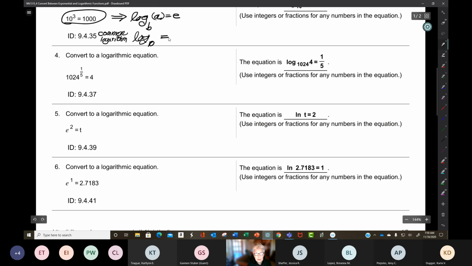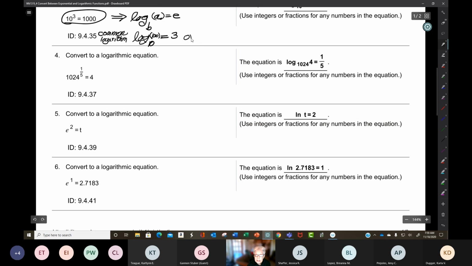And then here's the way I do it really. I remember where the exponent goes. It goes over here. Here's the base, here's the exponent, 10 to the 3. Now the argument goes over here, and admittedly there's not a whole lot of room for it. So log base 10 of 1000 equals 3.